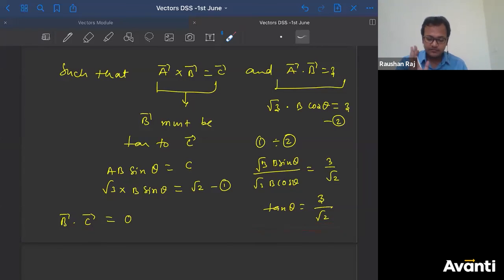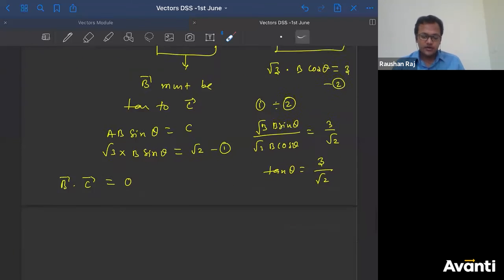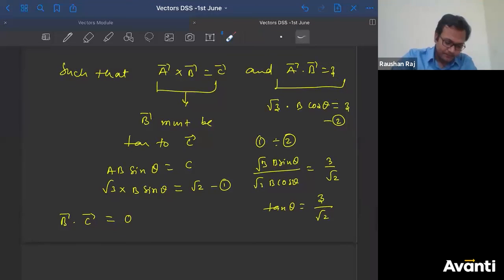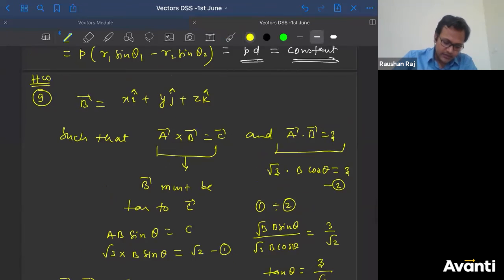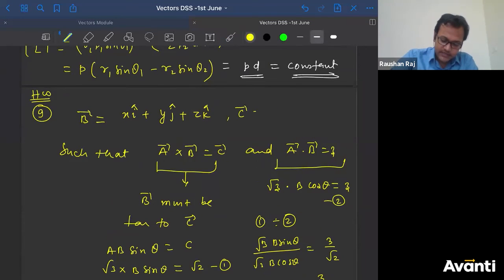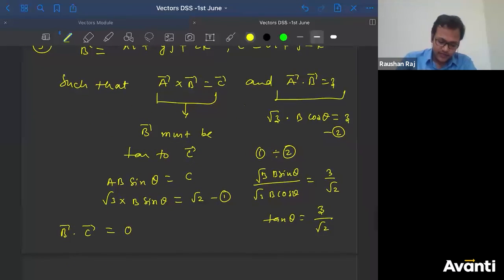I have to find the B vector. Now find out B dot C. So what will B dot C be? C vector is nothing but 0 i cap plus j cap minus k cap.